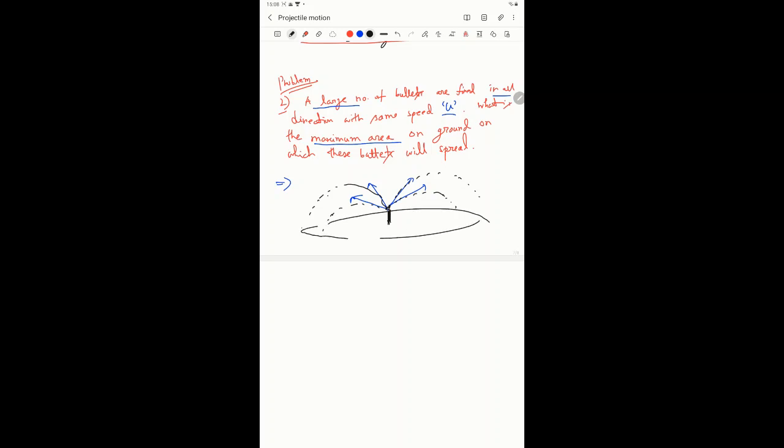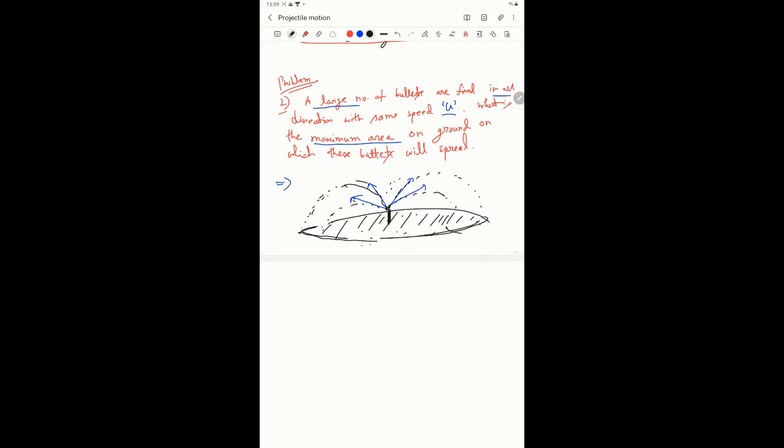You can see that if bullets are fired in all directions, the area in which they fall will make a circle. In the area of this circle, all the bullets fired will fall.